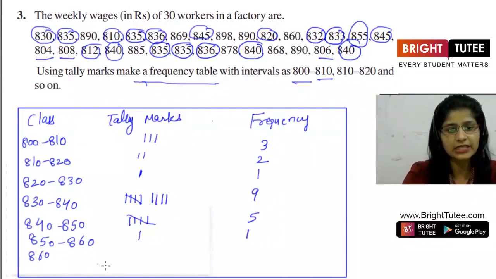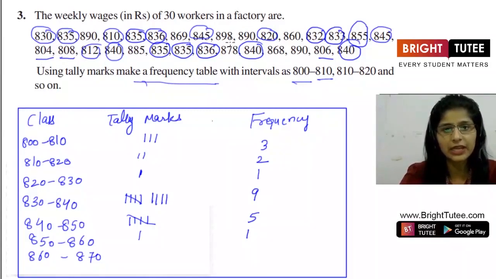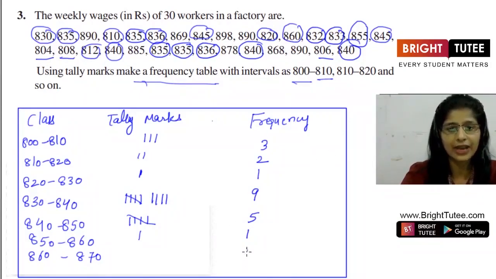The next one is 860 to 870. Okay, so from 860 to 870, 860 we will be including in it. Let us see. In the first line we don't have any, or we have 861, and that's all I think. Okay, so we have 1. Then 870 to 880.